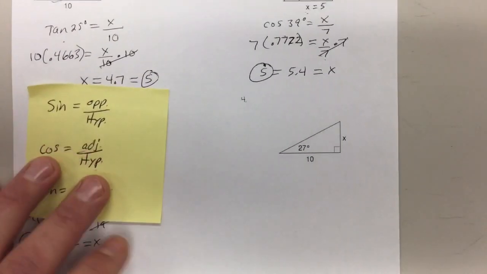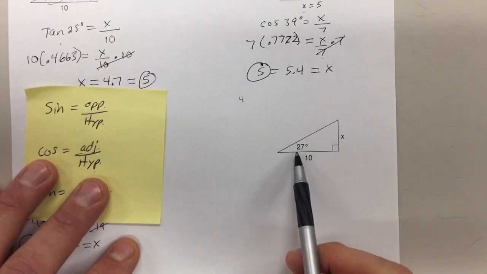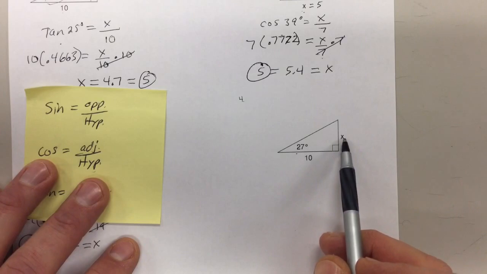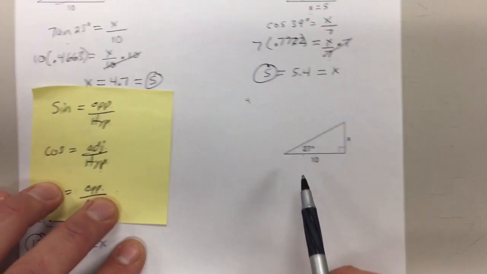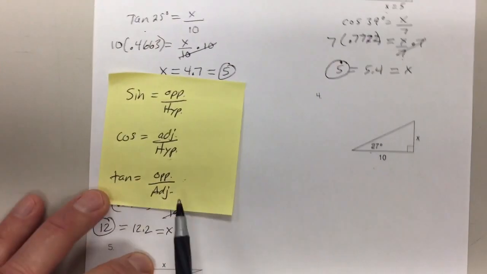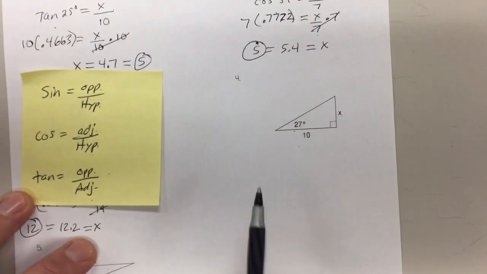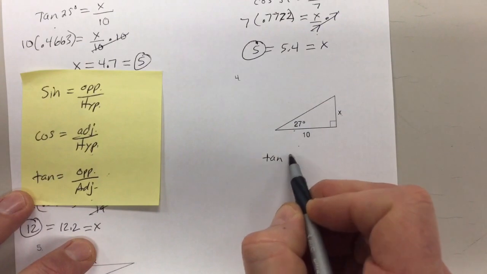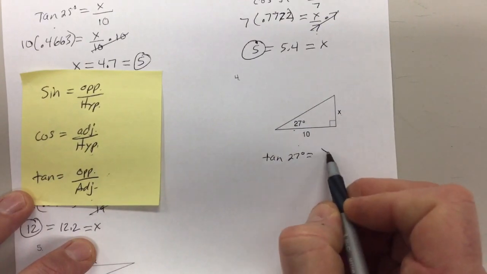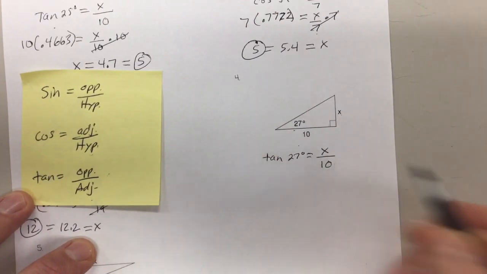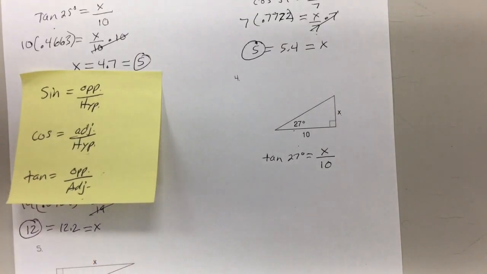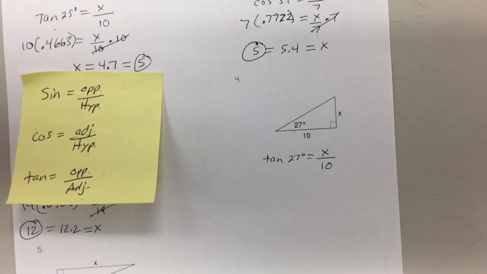For example 4, we have this angle, the opposite side, and the adjacent side. Opposite and adjacent is tangent. So tangent 27 is equal to the opposite side x over the adjacent side 10. Now we look up and replace tangent 27 with a decimal.